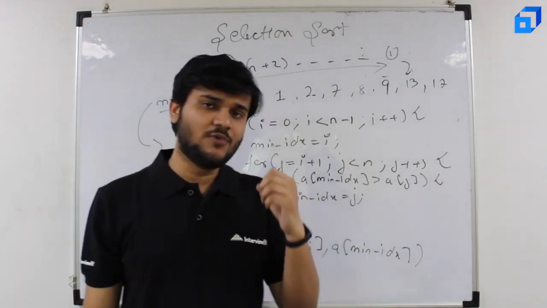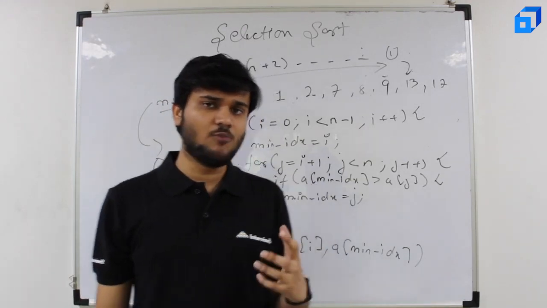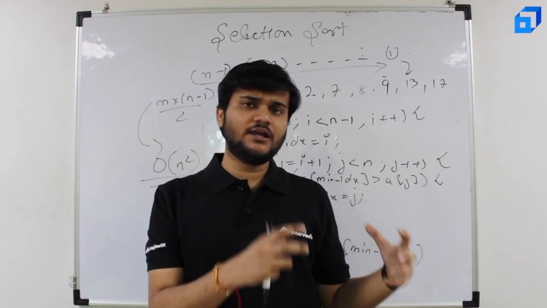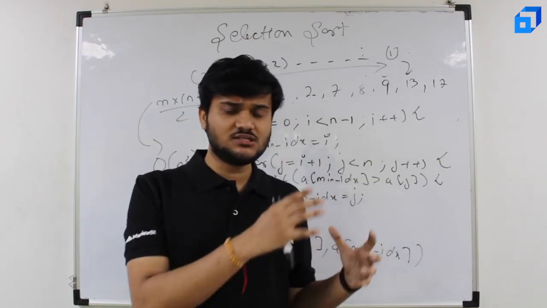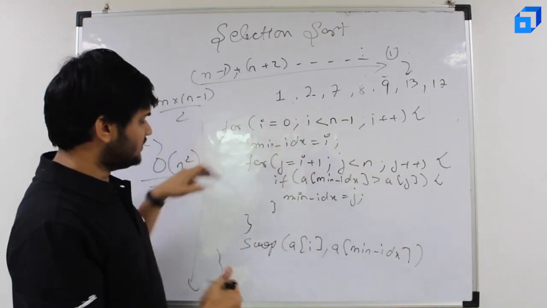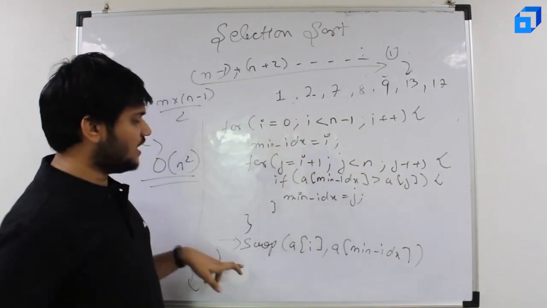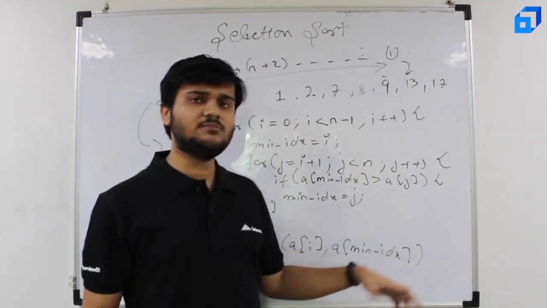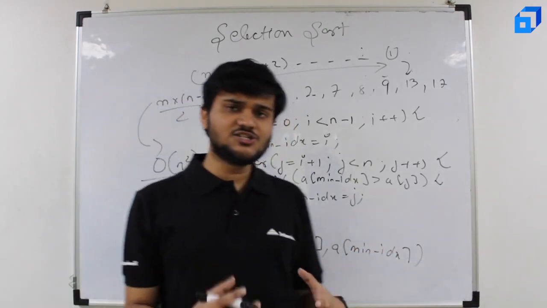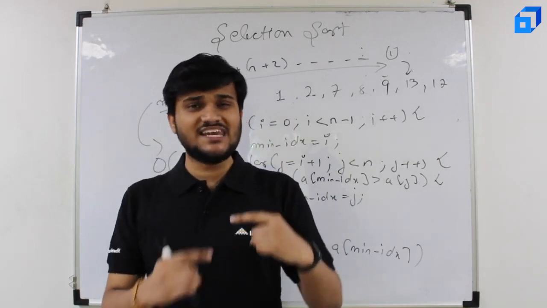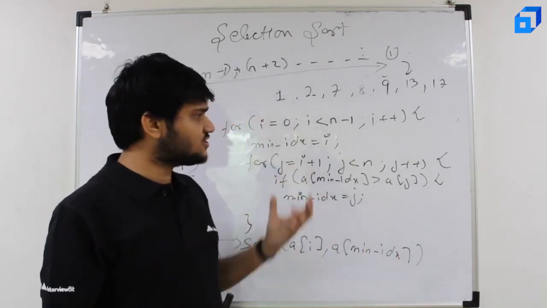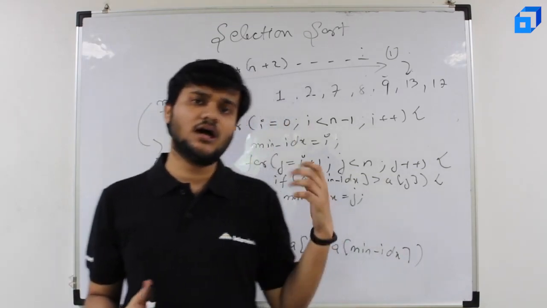And it has a very important application also in modern computer science, because suppose that you have a lot of data in your hard disk and you have to sort that data. Here you can see the swapping procedure occurs a much lesser number of times as compared to other sorting algorithms. So in conditions where you have to minimize the number of swaps and still sort the array, selection sort can perform way better than other algorithms.